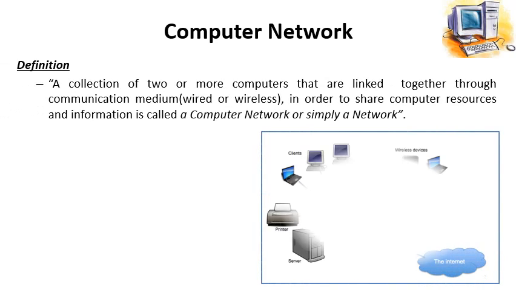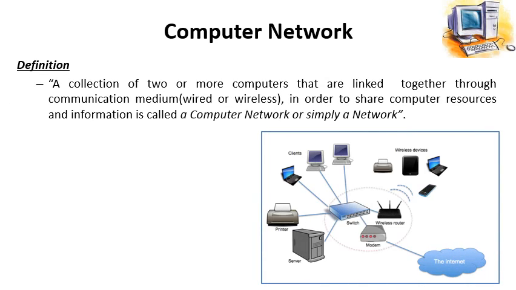Now, what is a computer network? A computer network can be defined as a collection of two or more computers that are linked together through a communication medium. That medium can be a wired medium as well as a wireless medium, in order to share computer resources and information. This is called a computer network, or simply a network.